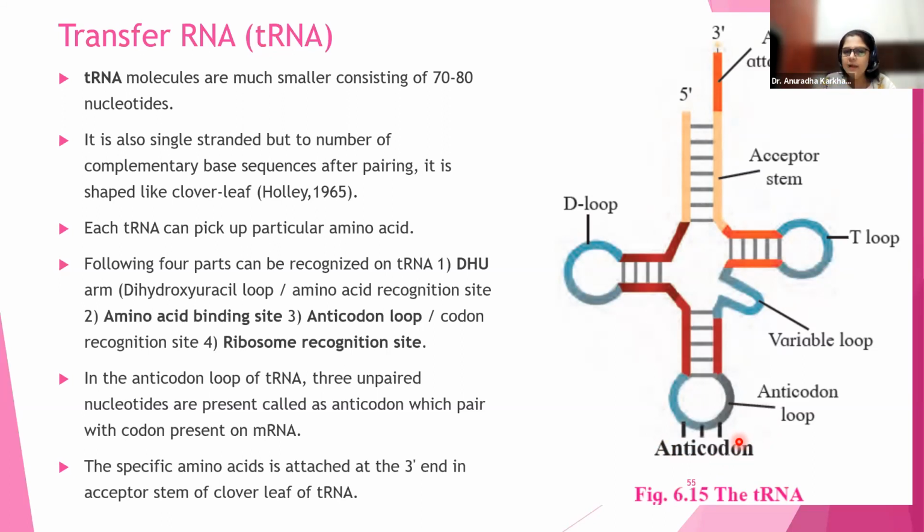AAC is one triplet, UUG another triplet, CGA one more triplet. The mRNA sequence is read as triplets. So suppose our mRNA has these triplets.